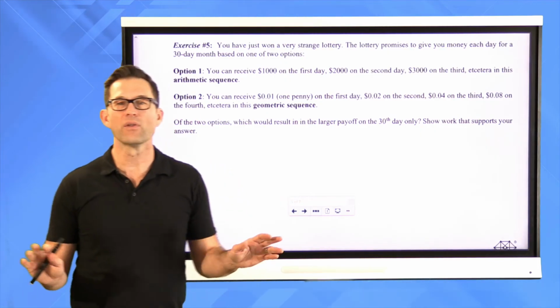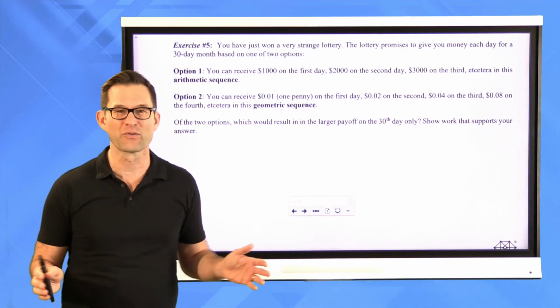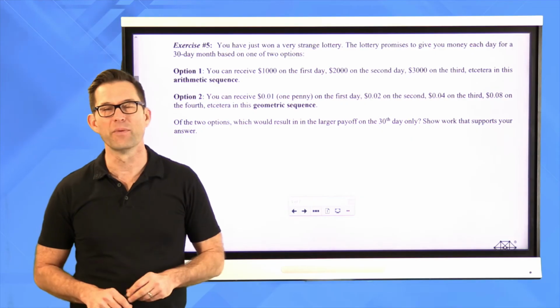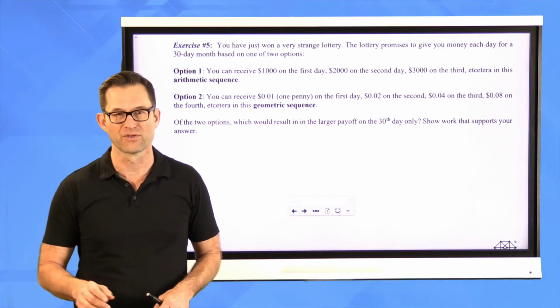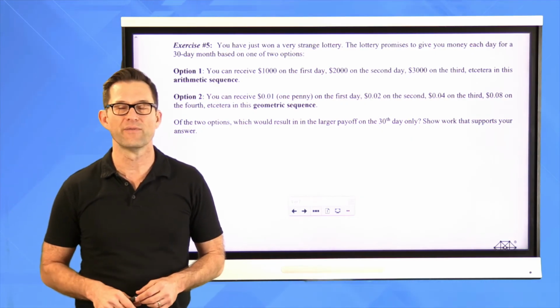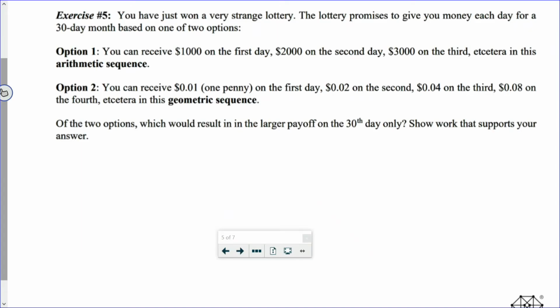All right, and let's look at a classic example. Every student who ever looks at arithmetic sequences and geometric sequences does this example because it's a wonderful illustration. Let's take a look at exercise number 5. You have just won a very strange lottery. The lottery promises to give you money each day for a 30-day month based on one of the following 2 options. Option 1, you can receive $1,000 on the first day, $2,000 on the second day, $3,000 on the third day, etc. in this arithmetic sequence.